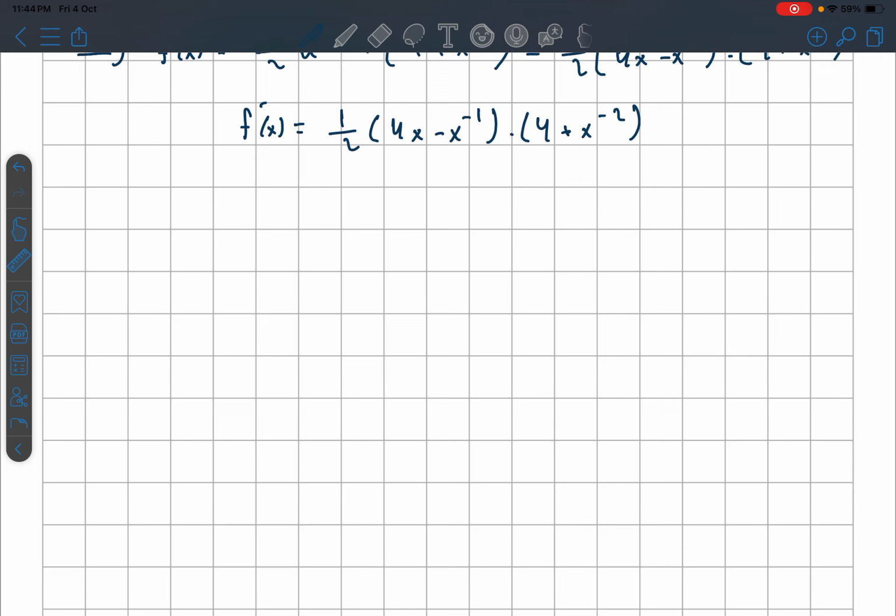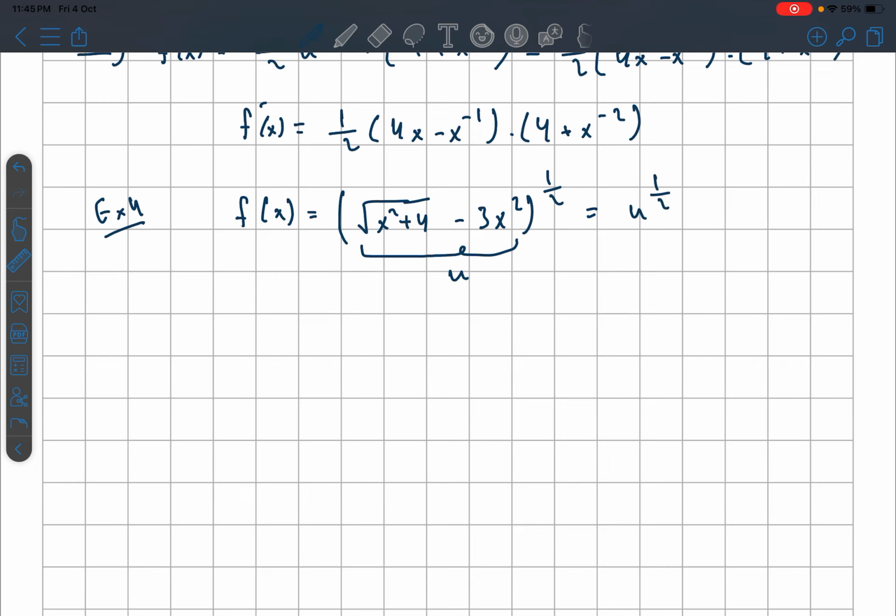Okay, now let's take example 4. If f x equals square root of x square plus 4 minus 3x square, power of 1 over 2. So it's like a complex function. So you can here replace the inner function by u, so it will be u power of 1 over 2.